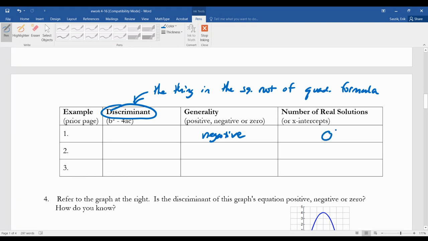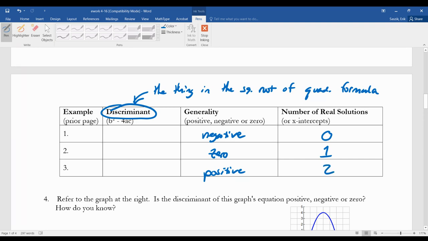You're going to have no solutions at all because you can't take the square root of a negative number. If that discriminant is 0, you would have one solution. And if it's positive, you would have 2 solutions.